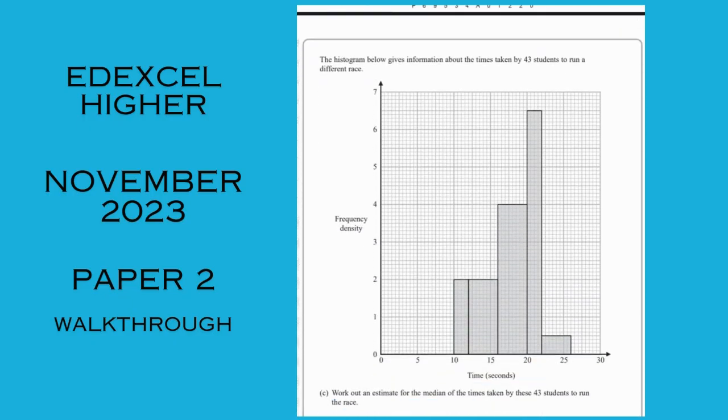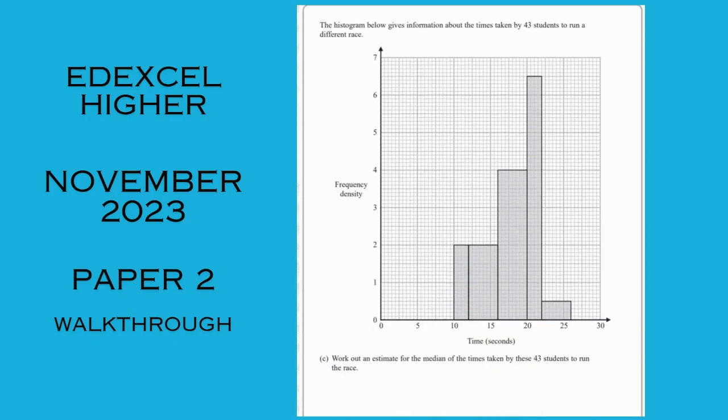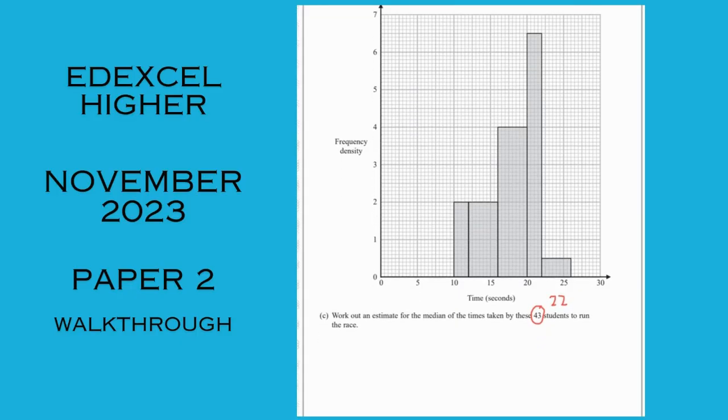Now on to part C. So, if there's 43 students, add 1 is 44, halve it, we're looking for the 22nd student. This first bar, width 2, height 2, there's 4.